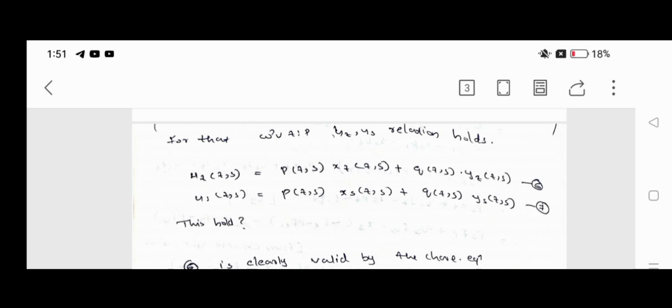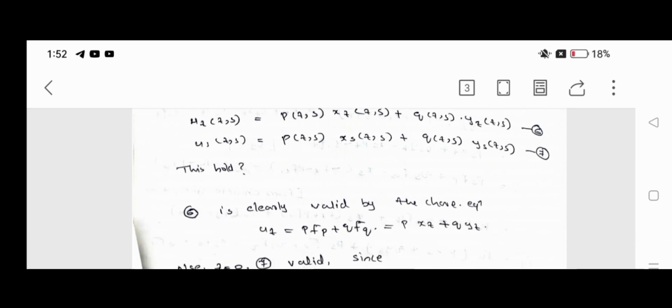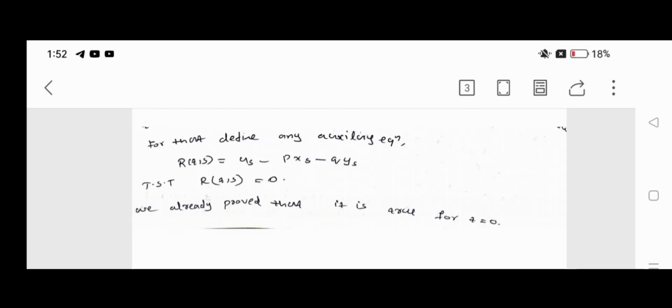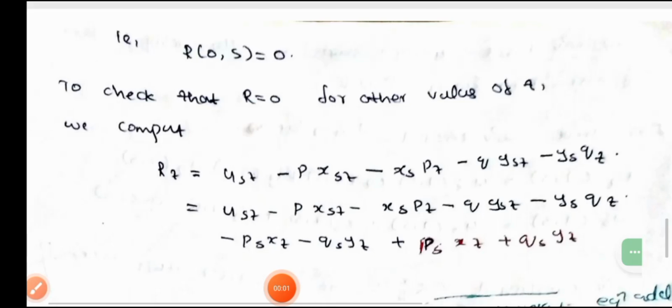For that define an auxiliary function r of (t,s) is equal to u_s minus p x_s minus q y_s. We have to show that r of (t,s) is equal to 0. We already proved that it is true for t equal to 0, that is r of (0,s) is equal to 0.